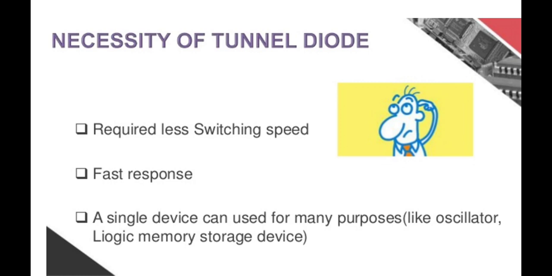Here a single diode can be used for many purposes like oscillator, logic, memory and storage devices. That's why most of the time the tunnel diode is used for tuning purposes, in oscillators, AM receivers and FM receivers, to tune the frequency.